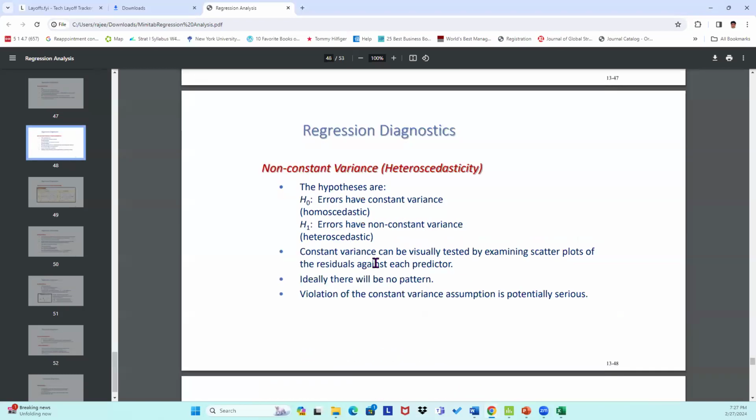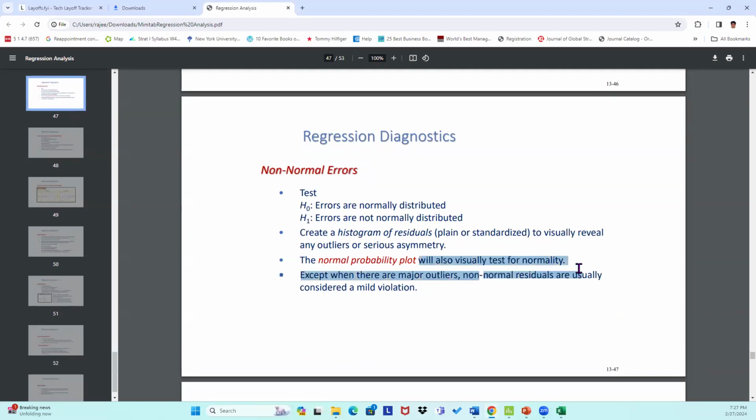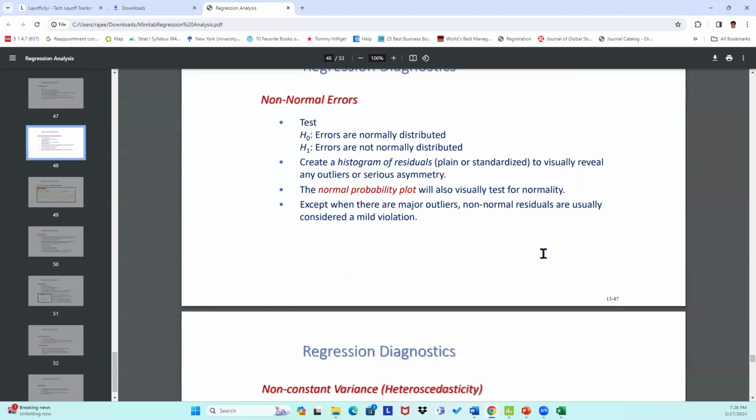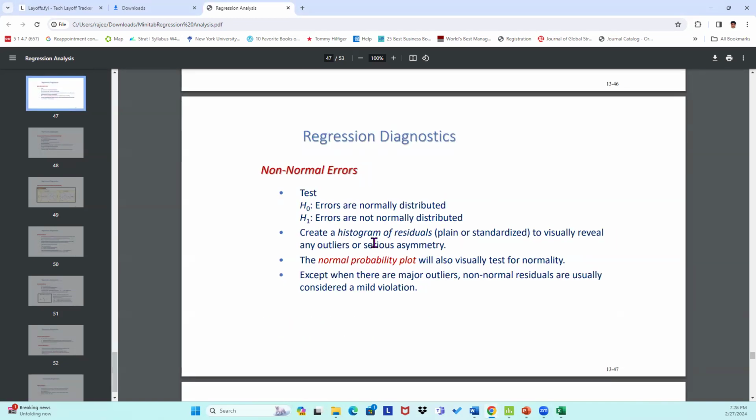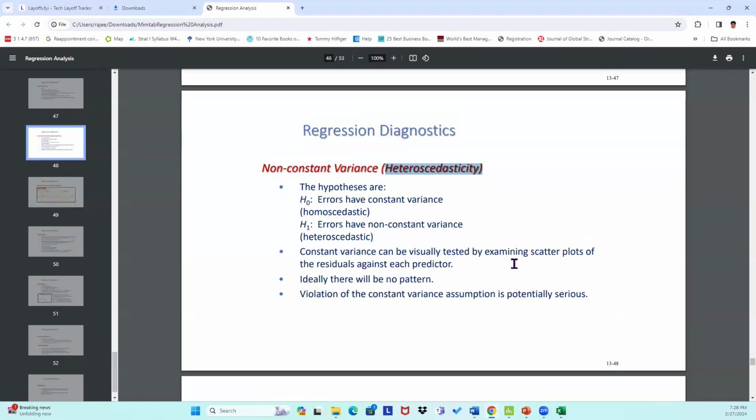It will also visually test for normality. You can see the normality test for an individual variable, but here this is the heteroscedastic and homoscedastic situation, so in this case it is residual versus fit.